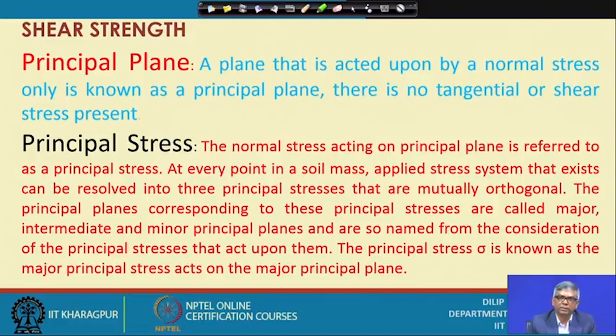And when it is a biaxial problem, we have seen that if you know the state of stress with x and y direction components, then we can find out the normal and shear stress on any other plane.